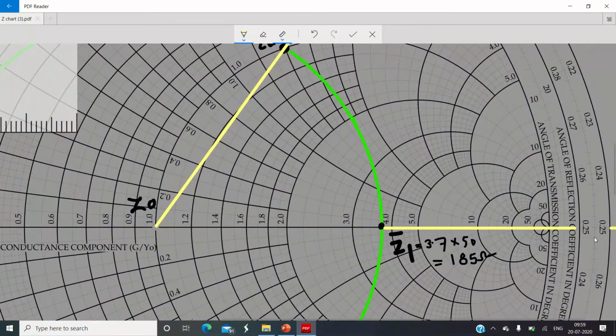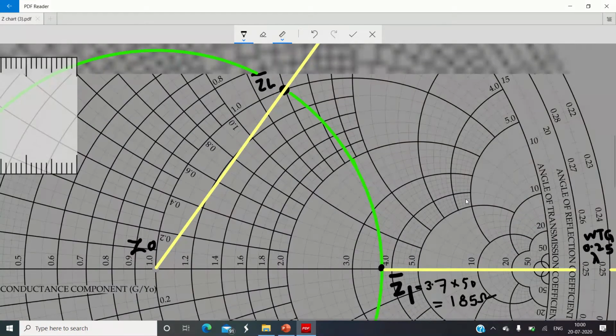What is the outermost scale mentioned over here? The outermost scale is 0.25 lambda. So here I will write that value. What is the value of WTG? Here WTG is 0.25 lambda. It is clearly visible over here.